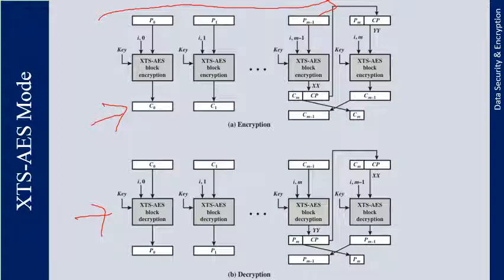So as this figure shows the scheme, P of M-1 is the last full plain text block, P of M is the final plain text block, and C of M is the final ciphertext block. Similarly, C of M-1 is the second last block of ciphertext.